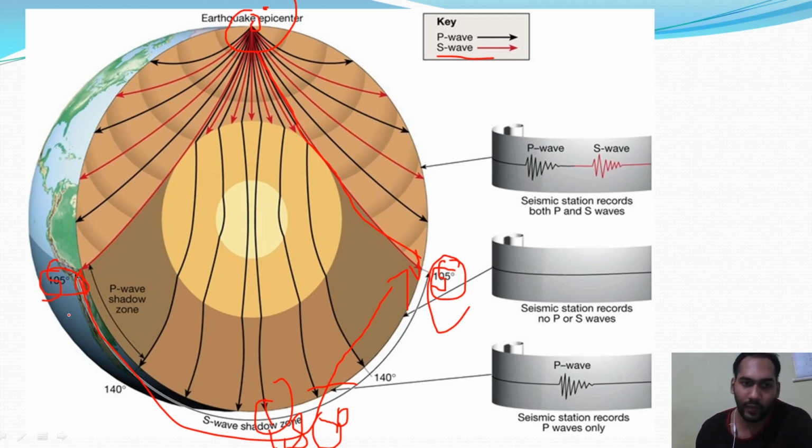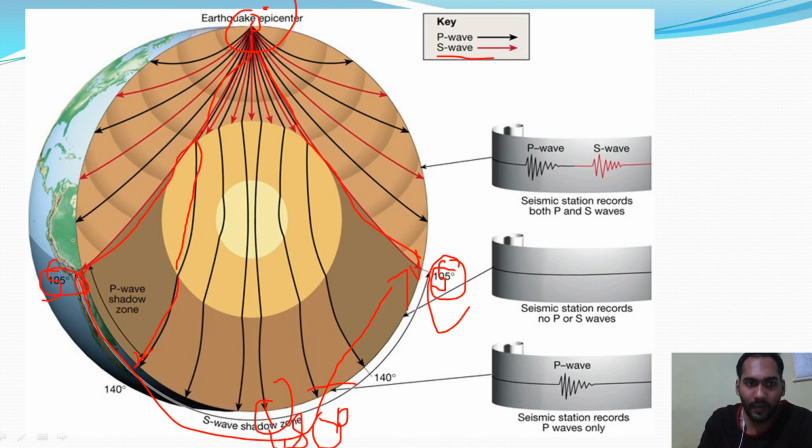Then the P wave shadow zone. You can see here in this path P also can travel, right? In this path P also can travel. Then again, if P enters the outer core, here in this point you can see P is entering the outer core, then it is refracting.